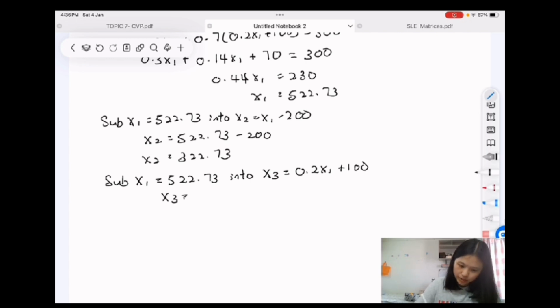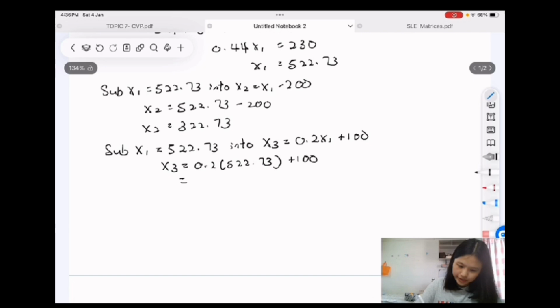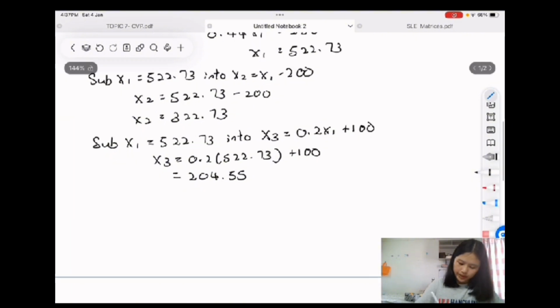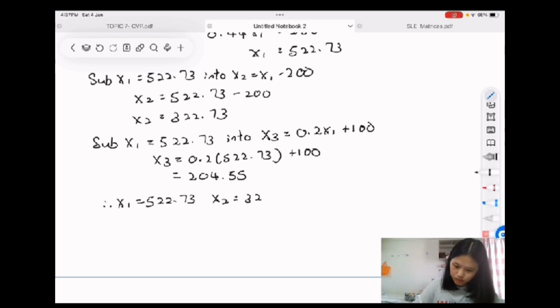So x3 equals 0.2 times 522.73 plus 100. So x3 equals 204.55. So in conclusion, we get the answer x1 equals 522.73, x2 equals 322.73, and x3 equals 204.55.